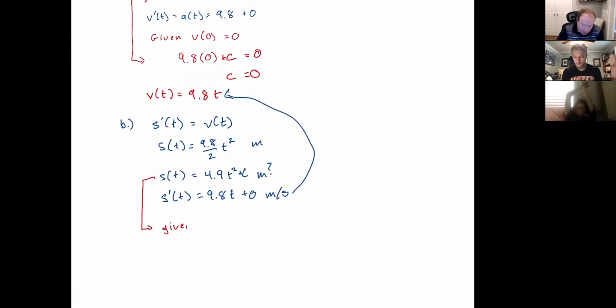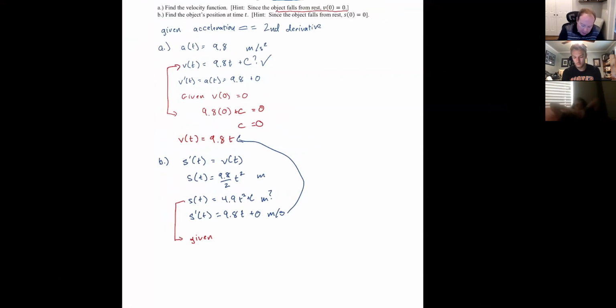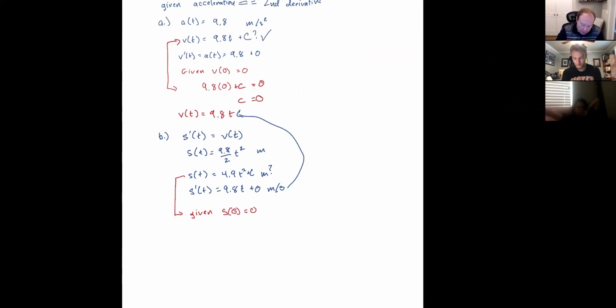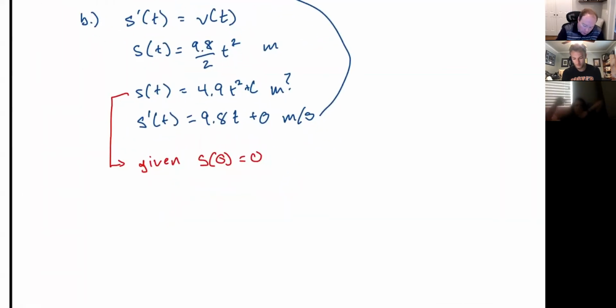We were given that it started from rest. So up here, we were given S of 0 is equal to 0. Now let's plug it in and see what happens. So 4.9 times 0 squared plus a constant is equal to 0. So C is equal to 0.